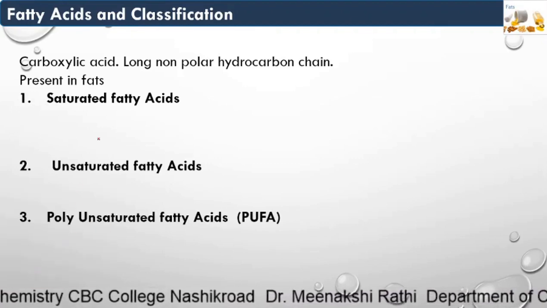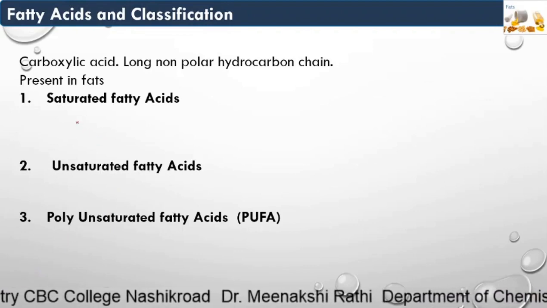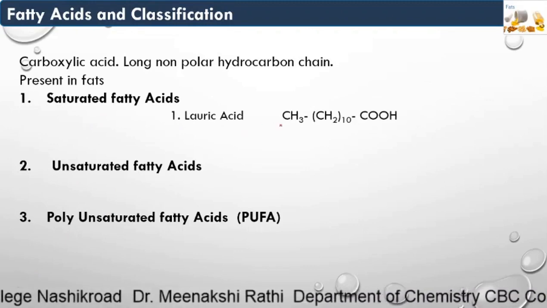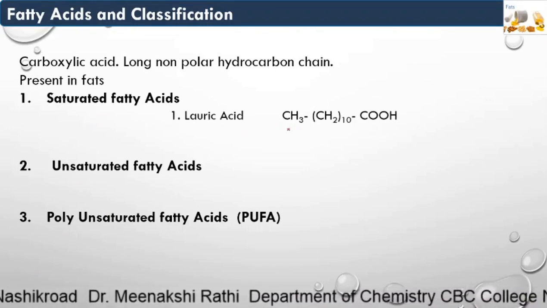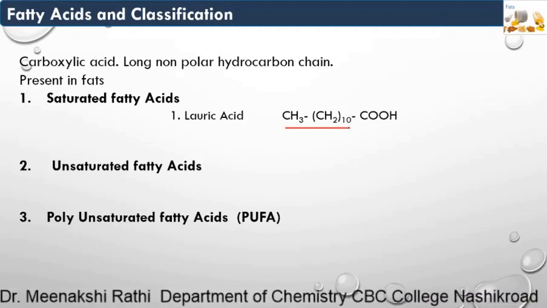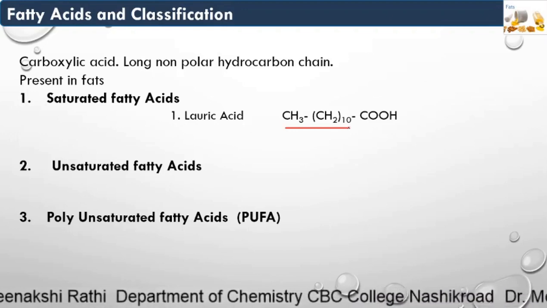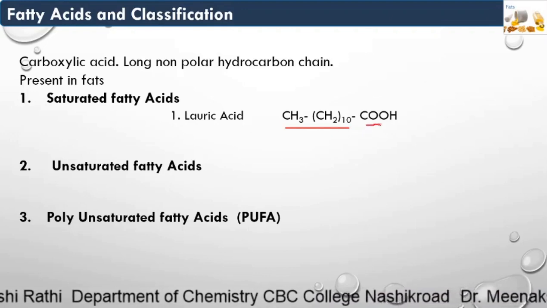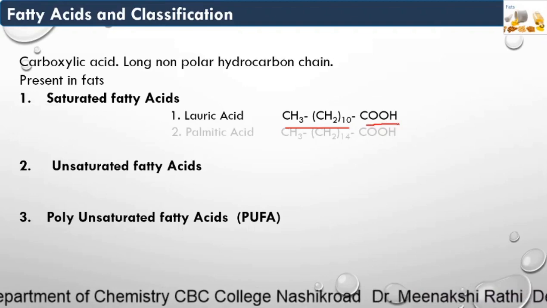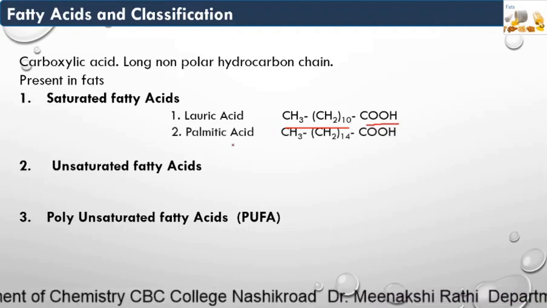Now, an example of a fatty acid is lauric acid. Here you can see in lauric acid, there is a long hydrocarbon chain of 11 carbon atoms. All bonds are single bonds and one carboxylic group is there. Second example is palmitic acid.